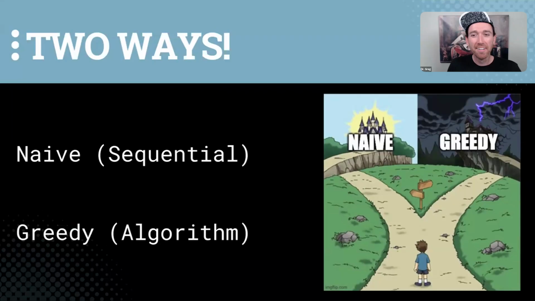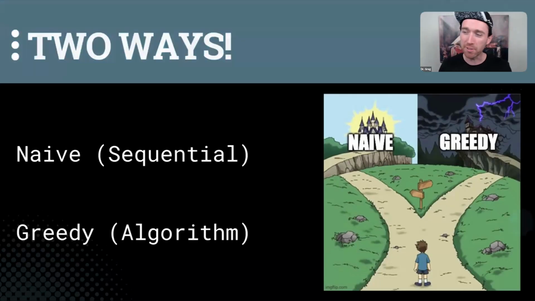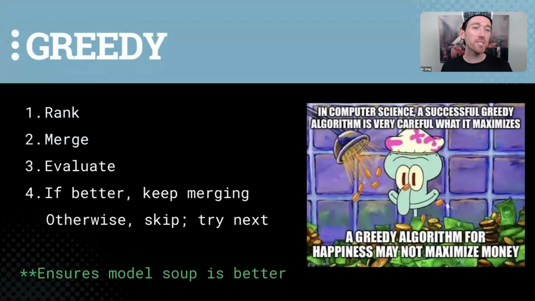The next way is a greedy algorithm, where it's a little bit smarter, because instead of just averaging over and over, we're going to rank the models based on which one performs best on the desired tasks. We're going to merge the best performing model with the second best performing model.